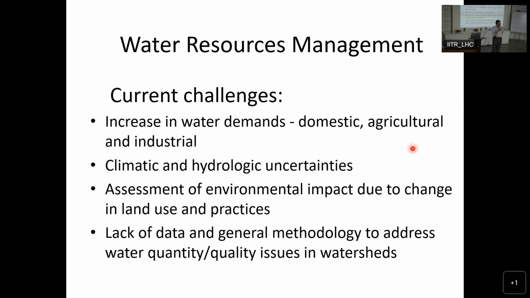And one of the challenges that I find, not just in India, but in almost all parts of the world, is that we have not been able to establish very good regulations on how to use water. The use is very much unregulated. We are obviously not happy if somebody is going to charge us, let's say, for our use of water.